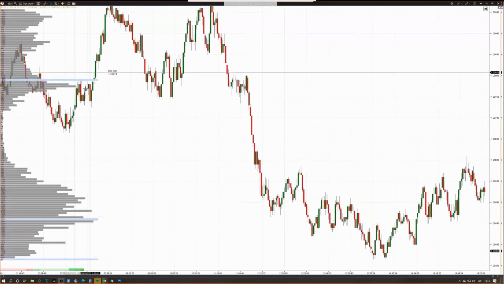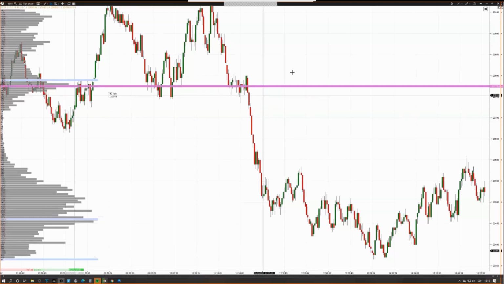So we know that there was a lot of volume here, at this price, 1.2775. We just put a horizontal line right there, right? We know that here is the highest volume in this area that we are looking at, where we have some interest.